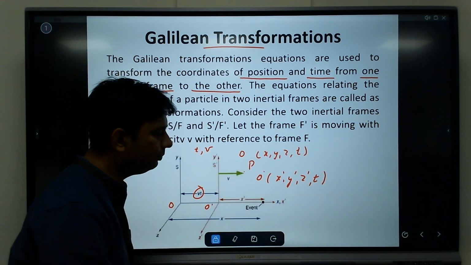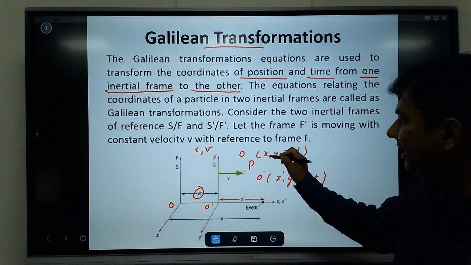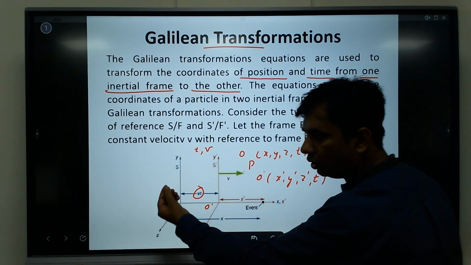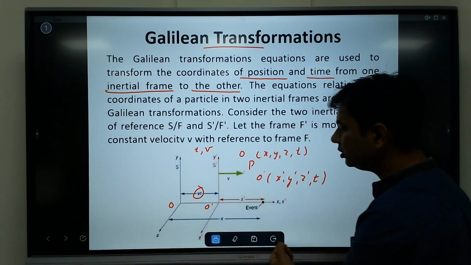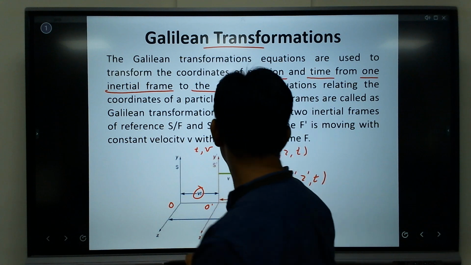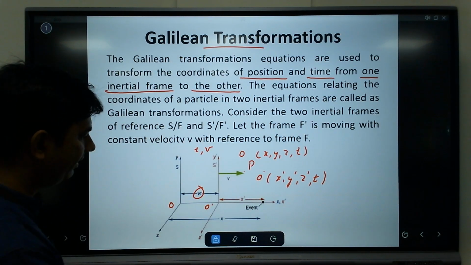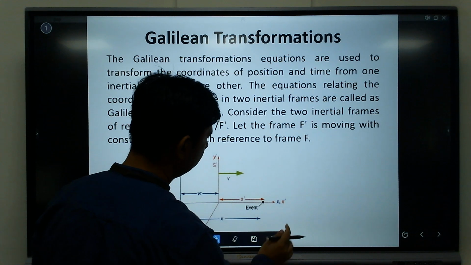So this is a very important part of it. So one event has happened at point P, one is observing it from the constant frame at rest, and one is observing it while in motion. So let the frame F dash be moving with constant velocity v with reference to the frame, as I have explained.